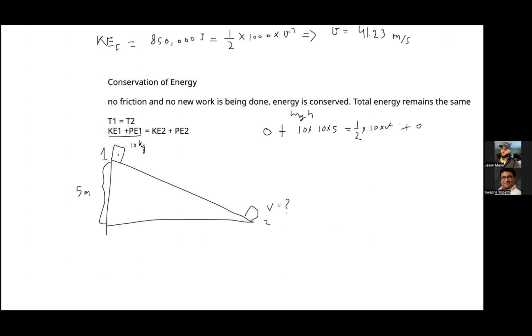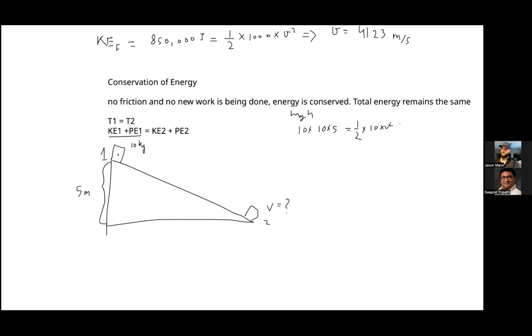So then this is it. We have to solve this to get a value for v. So this 0, 0, we can just get rid of them. And then we can cancel out the common things from both sides. So 10 divided by 2 will be 5. And there is a 5 on the left-hand side.